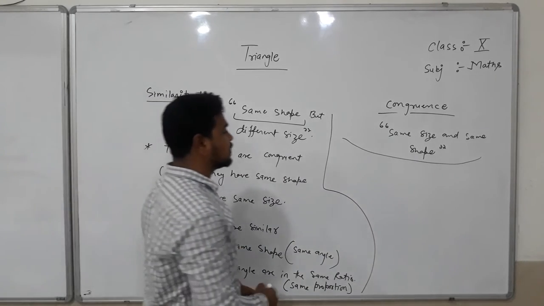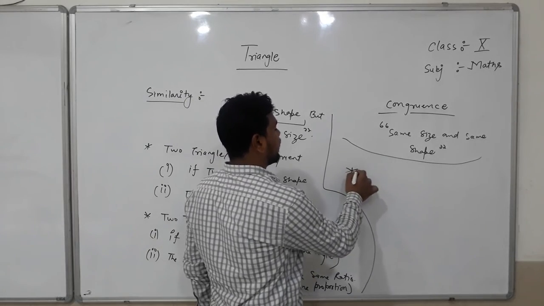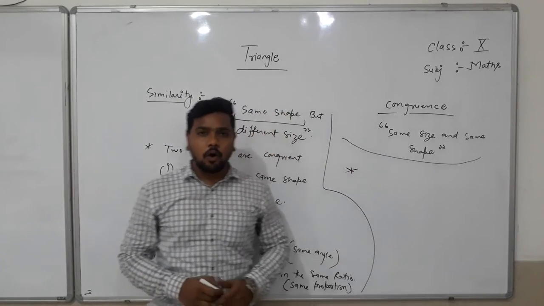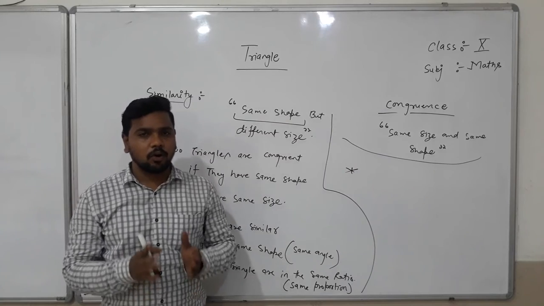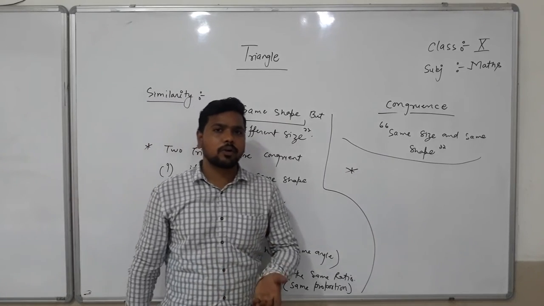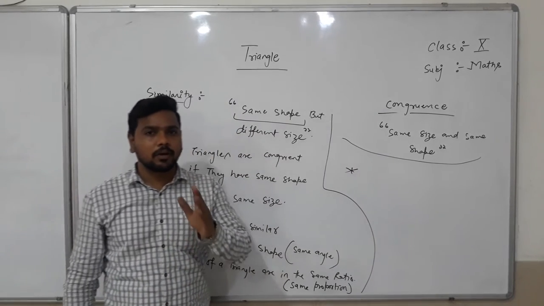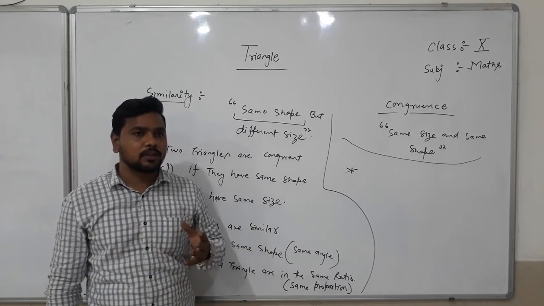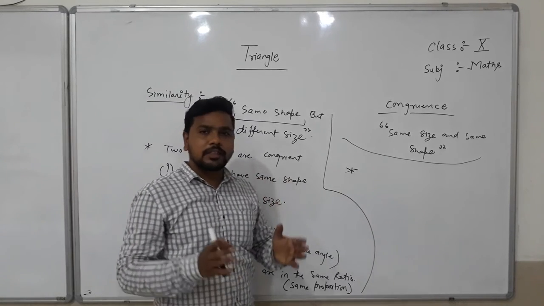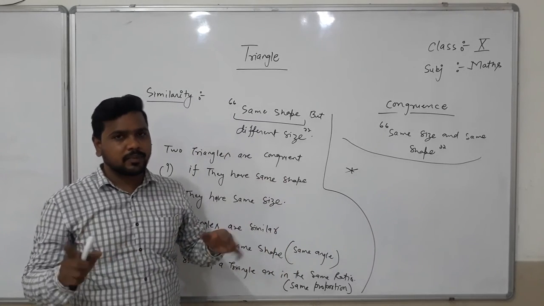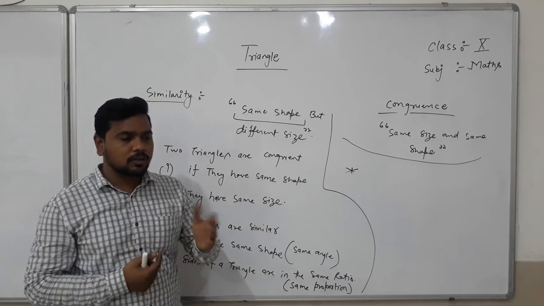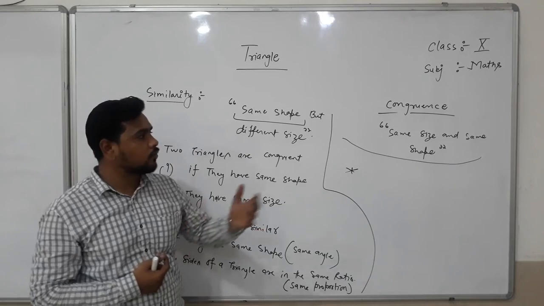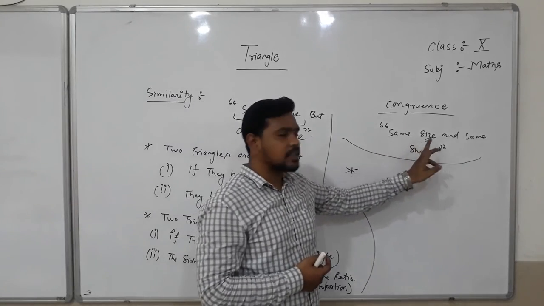Now the third and very important thing: all congruent figures or all congruent triangles are similar, but all similar figures are not congruent. All congruent figures are the same, so they can be similar also, but all similar figures are not congruent, because for congruency we need the same size also.